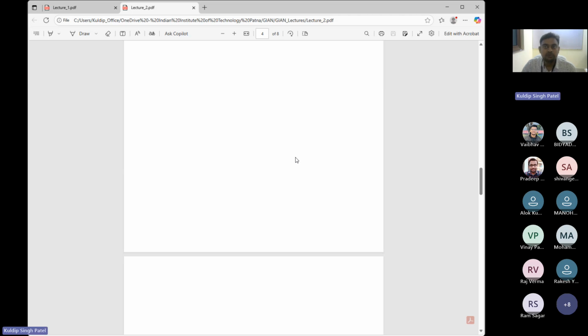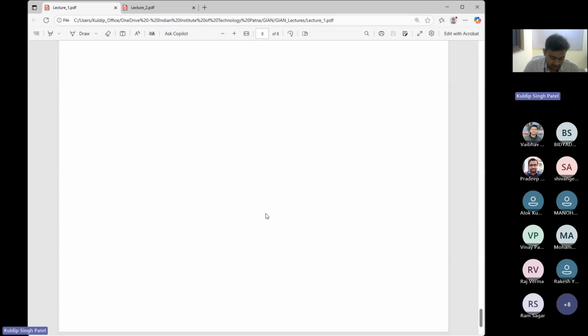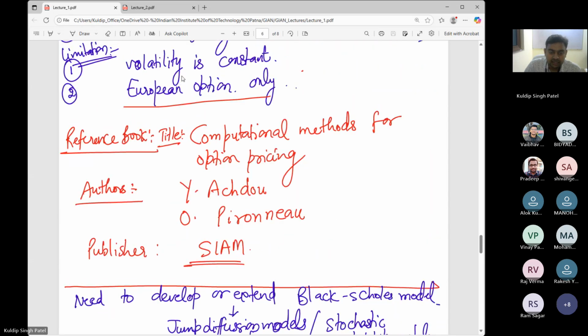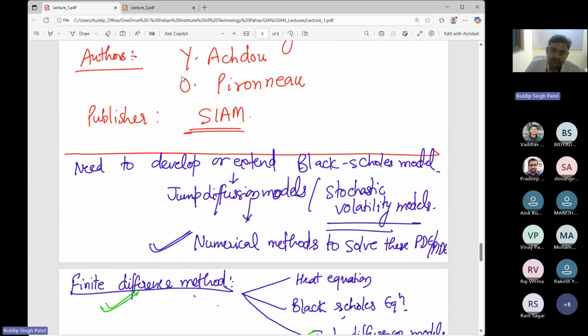I hope my screen is visible. In the first lecture, we discussed that we need to develop or extend the Black-Scholes model. The reason is that there are certain limitations in the Black-Scholes model.